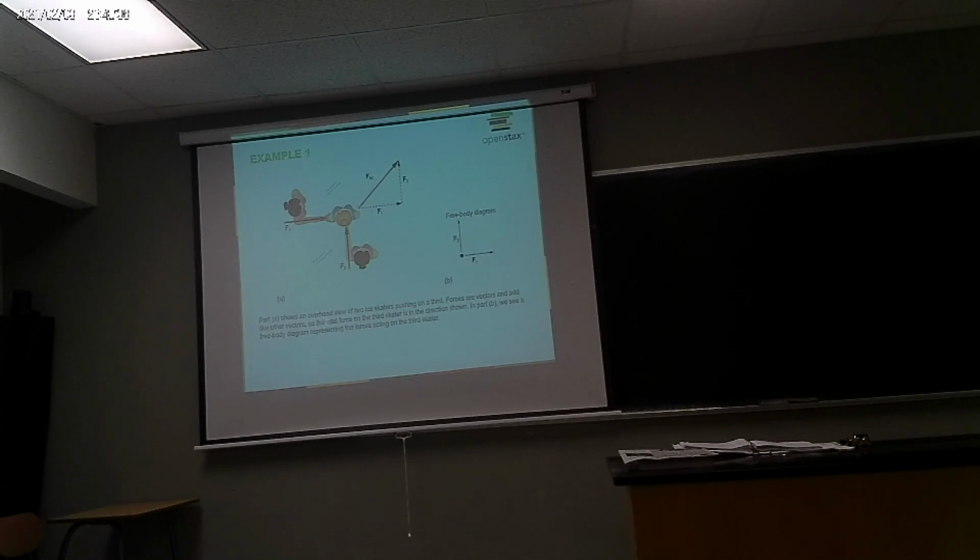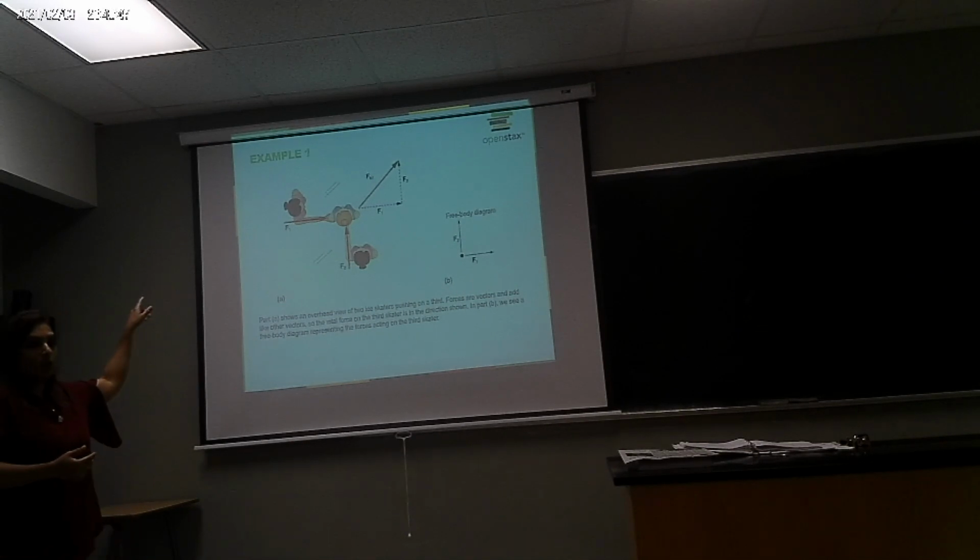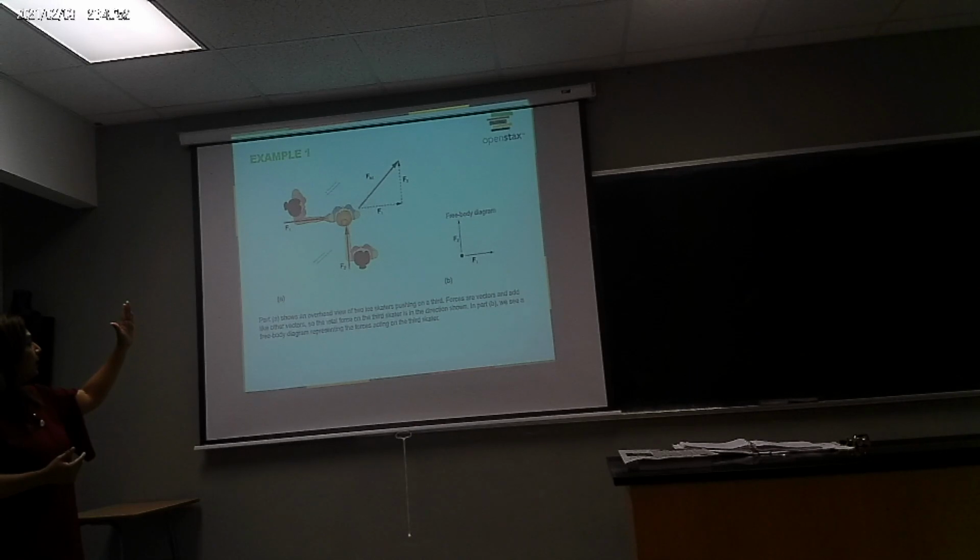The vectors help you understand the direction of the force. For F1, the force on the left hand side, since it is towards the lady in the center, that means it's pushing on her. The same is true for F2, which is pushing on her too.